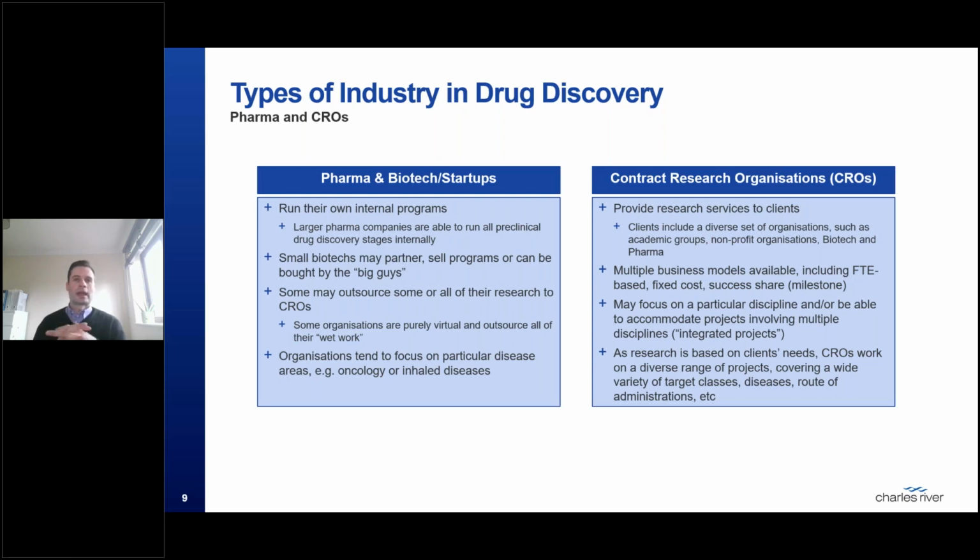For example, you may have a CADD standalone project, or very often we have clients coming to us with an integrated project, so that involves multiple disciplines. CROs usually work on a diverse range of projects. We cover a variety of target classes, diseases and routes of administration. Everything, of course, is based on clients' needs.